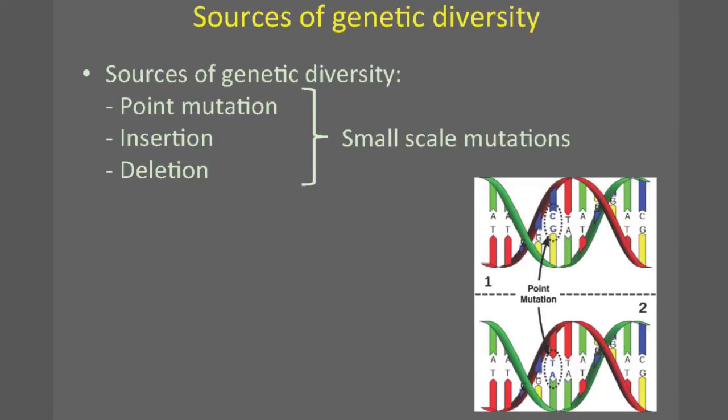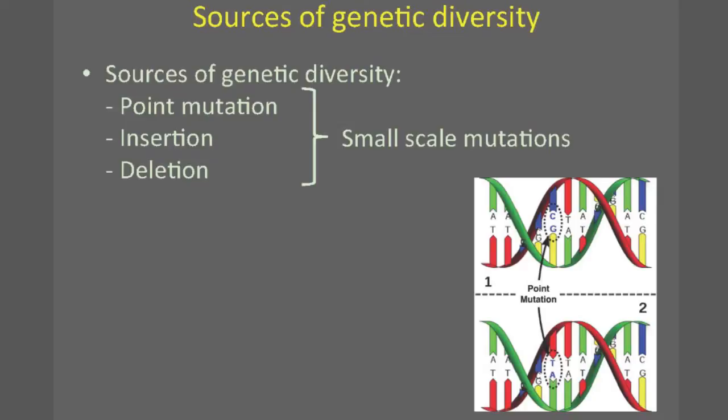So if we want to look at the sources of genetic diversity, we've talked quickly already about mutations and about selection. Now, I want to first take a look at small-scale changes in the DNA. For instance, a point mutation, shown on the screen on the DNA strand.